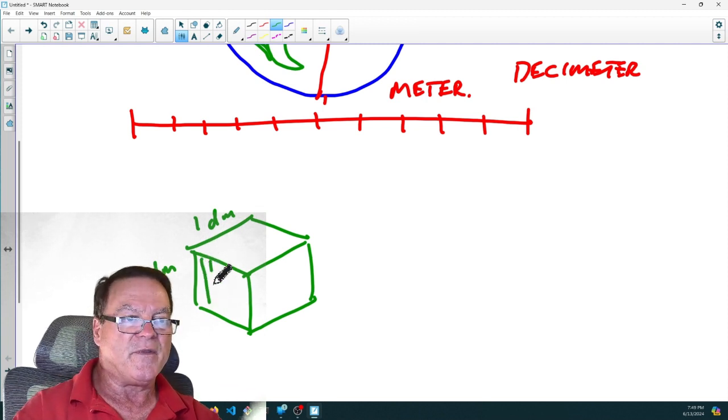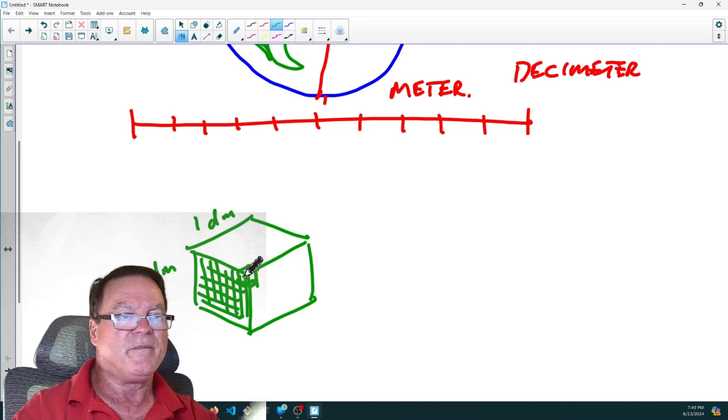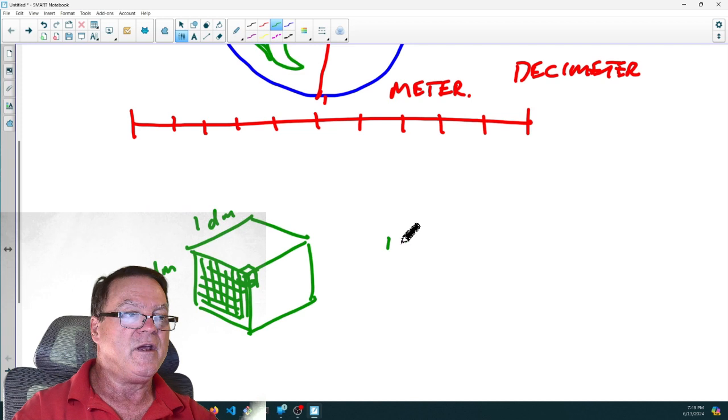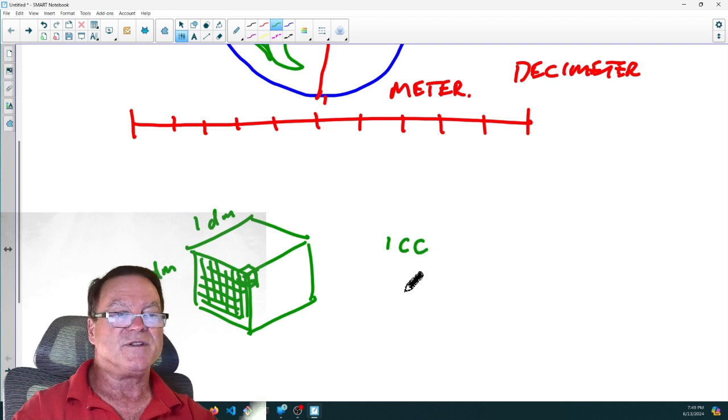So if we were to cut this up into 10 pieces, and then 10 pieces this way, we would have cut this side up into 100 pieces. We could do the same over here, and the same on the top, and we would have 1/1000th of this cube. We would have 1 cubic centimeter, 1 cc.